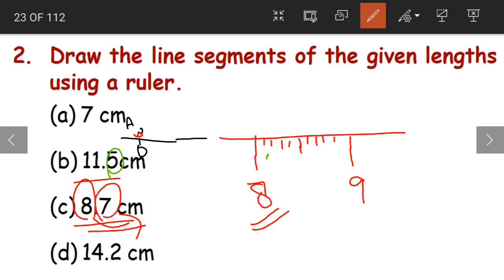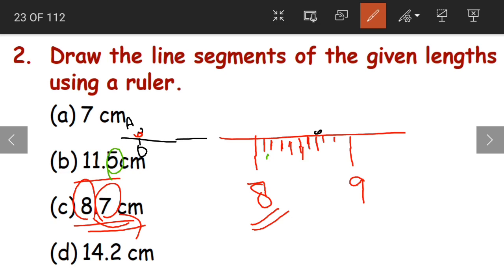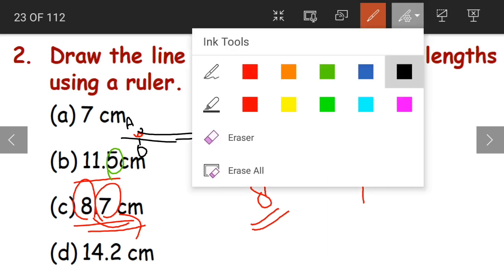After 8, count 7 small lines. 1, 2, 3, 4, 5, 6, 7. So this is our 7th line. So here will be our other end point, that is B. Now when we join these two endpoints A and B, we have our line segment with the required length, that is 8.7 centimeters.